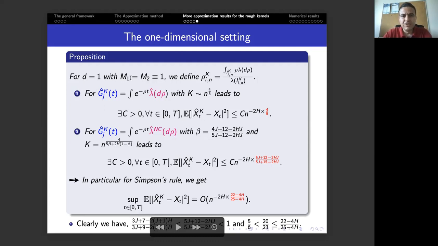Let us get rid of the constants m1 and m2 that appear in our kernels, so that now our kernels are completely monotone kernels, because they are exactly the Laplace transform of some given measure.